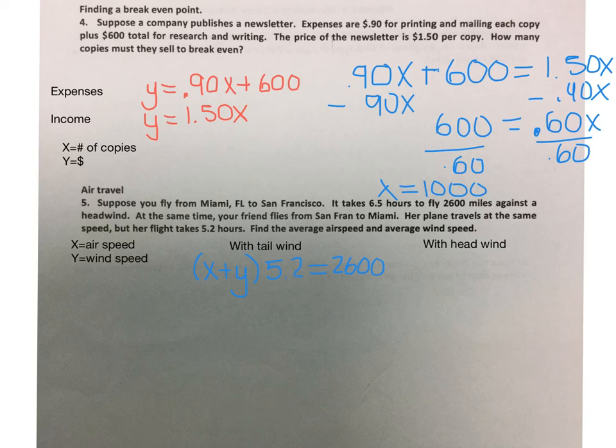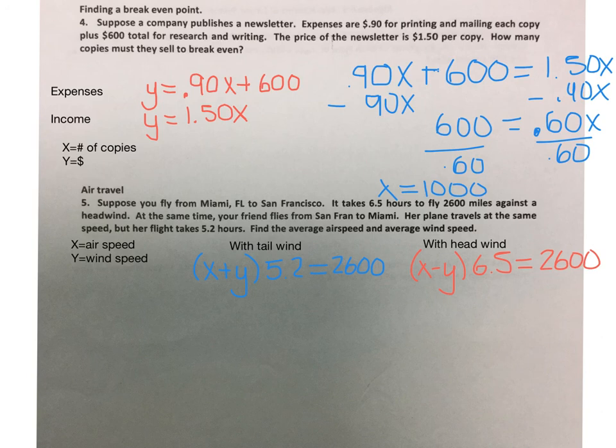And then with the headwind is going to be very similar, except it's going to be x minus y times 6.5, because that's our time. And we're still flying the same distance because we're going back and forth.